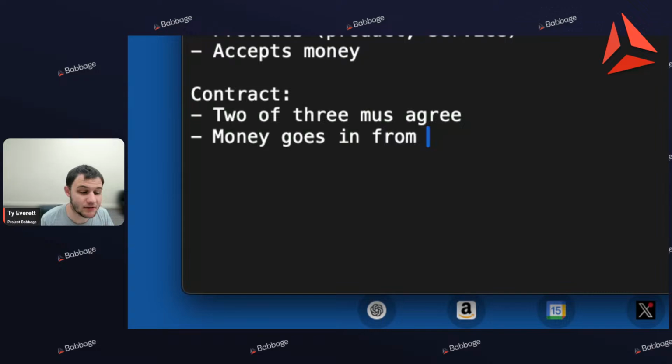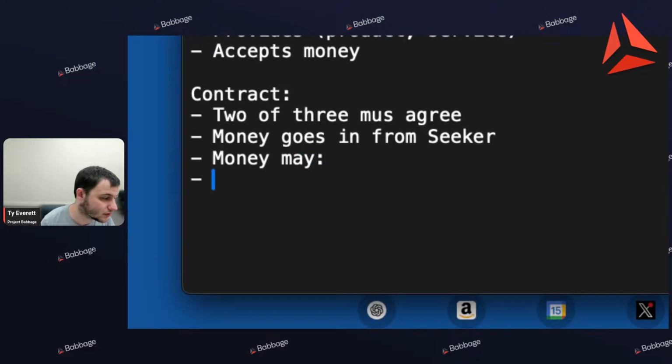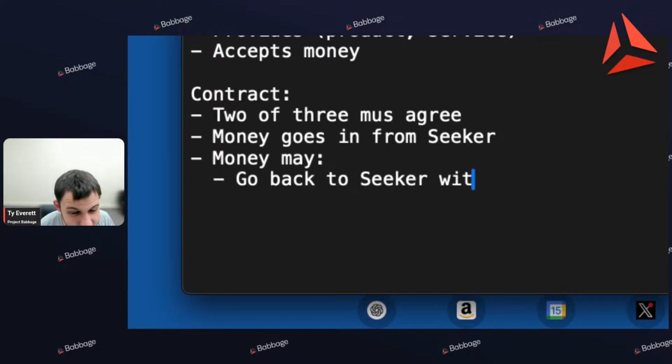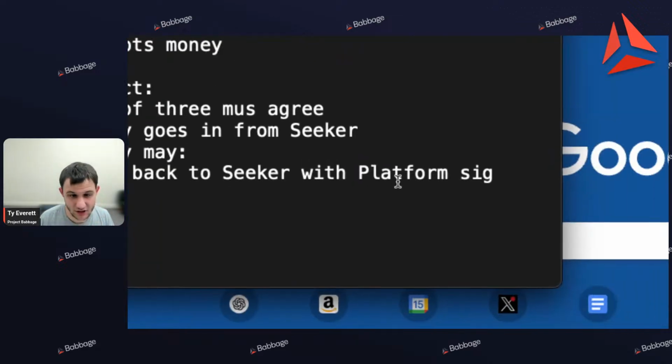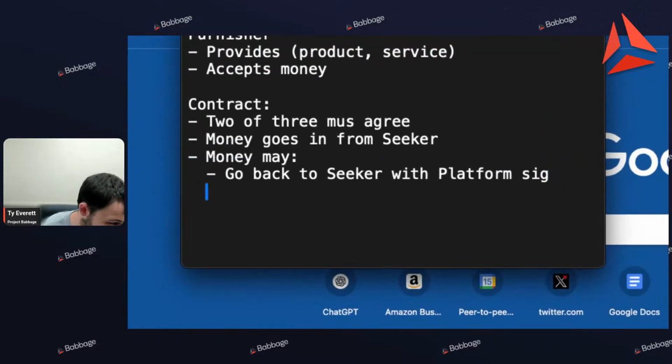Money goes in from the seeker. And then money may go back to the seeker with the platform signature, or it may go to the furnisher.